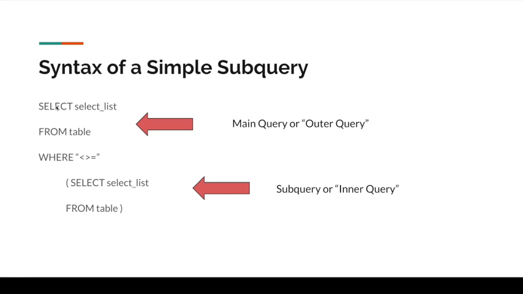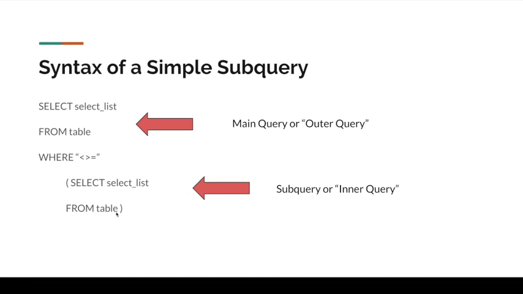So you can kind of see why these are two SQL statements smushed together. It's saying select this type of information from this table where something is greater than or equal to, and that's comparing to this subquery. And within this subquery, it's saying select this from this.